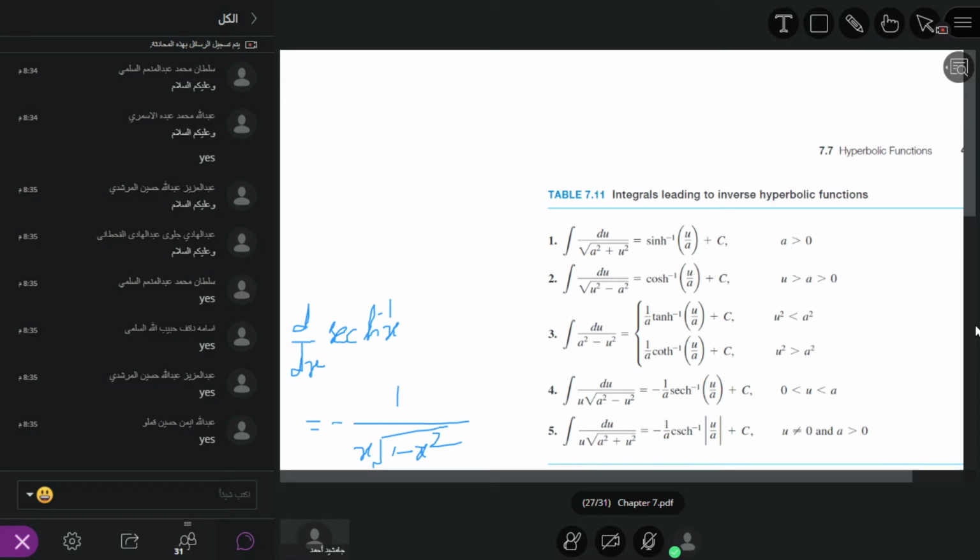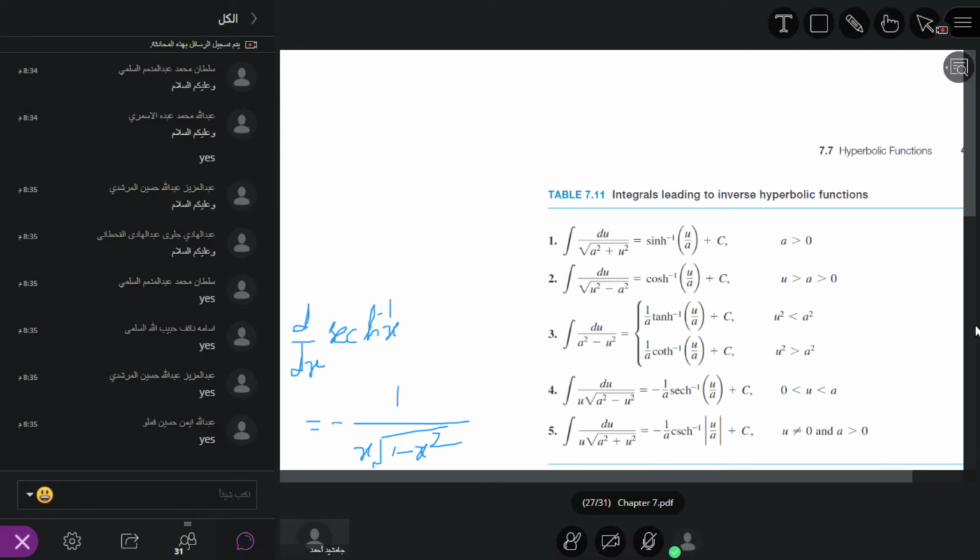That is why the integral of 1 over u square root of a square minus u square is equal to minus 1 over a sec hyperbolic inverse u over a plus constant. What is u now? u is greater than 0 but less than a.